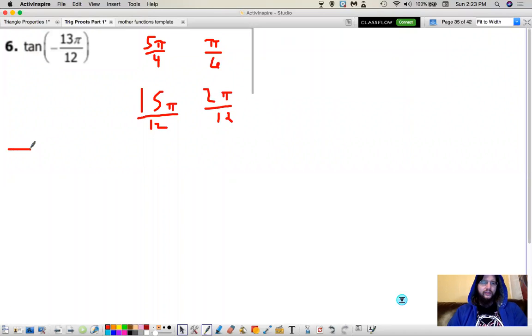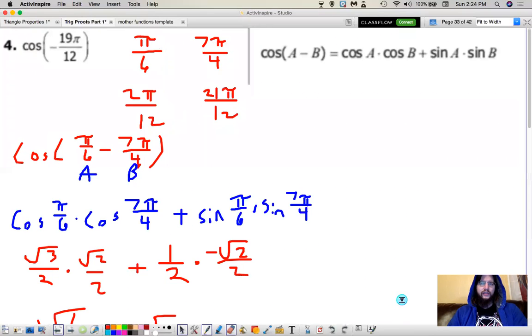We're going to rewrite this. Tangent of pi over 6 minus 15 pi over 12. Simplify. So 15 pi over 12, we can write 5 pi over 4. All right. So the difference for a tangent, I think we just use that.